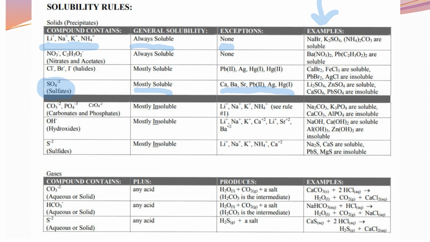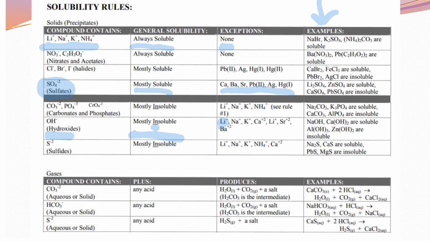So you want to read this chart like this: hydroxides are mostly insoluble, so they're not going to be soluble, except when they're with something like lithium, which is an alkali metal. Since it's normally insoluble but lithium is an exception, lithium hydroxide is going to be soluble. Hopefully that makes sense.